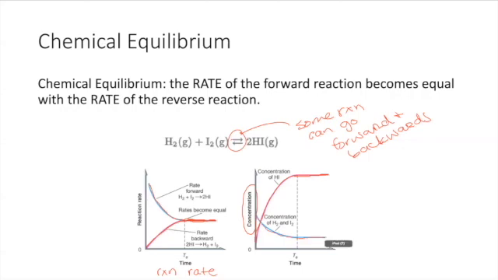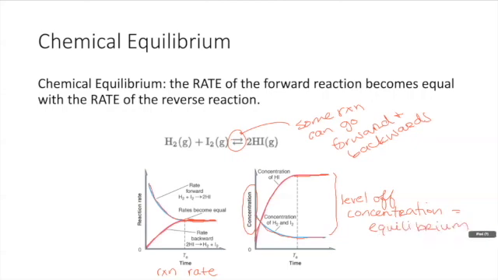But at some point, they both level off, and this is equilibrium. So the rate of the forward and the backwards equal each other: rate forward equals rate backwards.